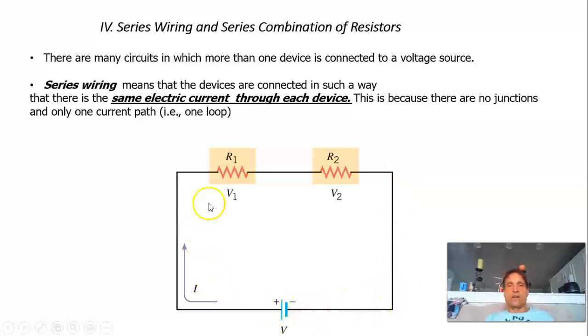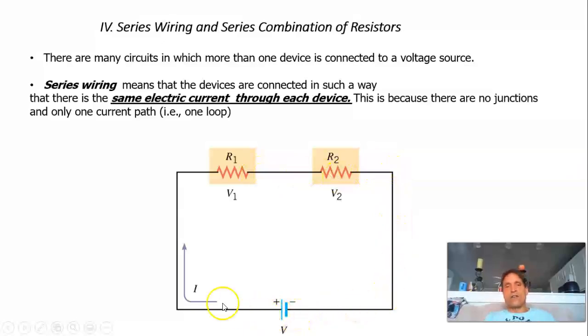And this is what's called a series circuit. These are easy to wire. You just wire one after the other. The main point about a series circuit, when you wire any elements in series, is that they all must have the same current, because there's only one path for the current to flow. So here's the current I. It flows through R1, flows through R2. It can't go anywhere, and charge can't build up, so it's the same flow all the way through the wire.